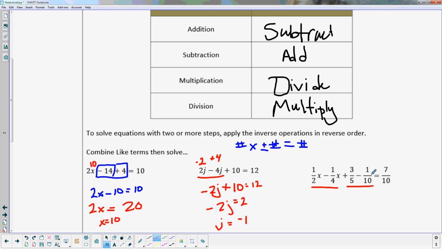So I work on one side of the equal sign and then work with my solving equations. The easiest way I can say to do this is find common denominators or know some of your math facts. Common denominator wise, this is going to be 2/4. And notice I don't have to find a common denominator for all of it, just for the ones that I'm adding or subtracting. And this is going to be 6/10.